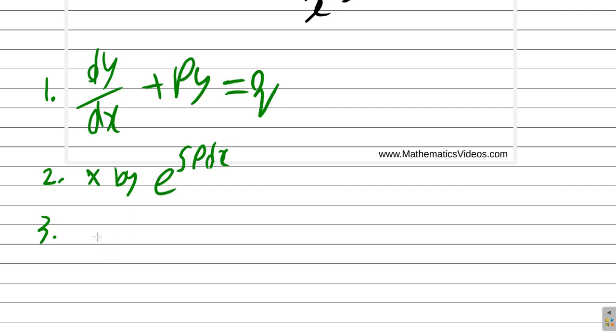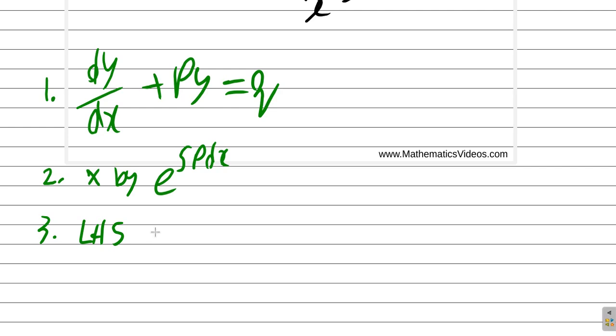This left hand side here, you identify what product you differentiated to get it, because it will be in the form of the product rule when it comes to differentiation.